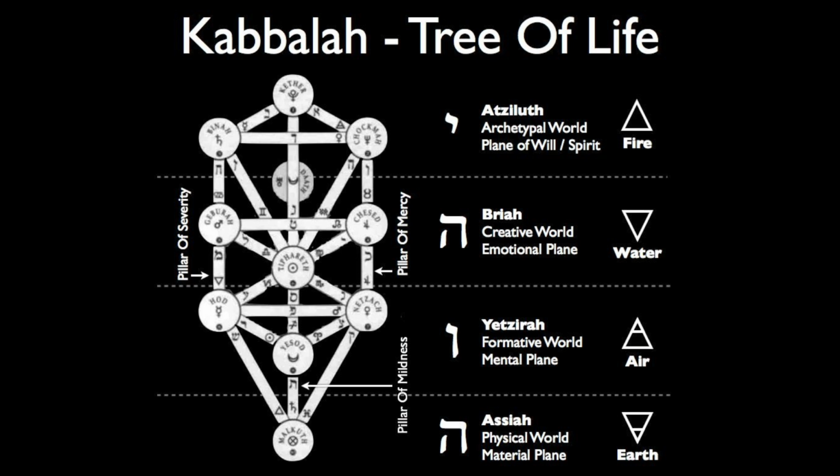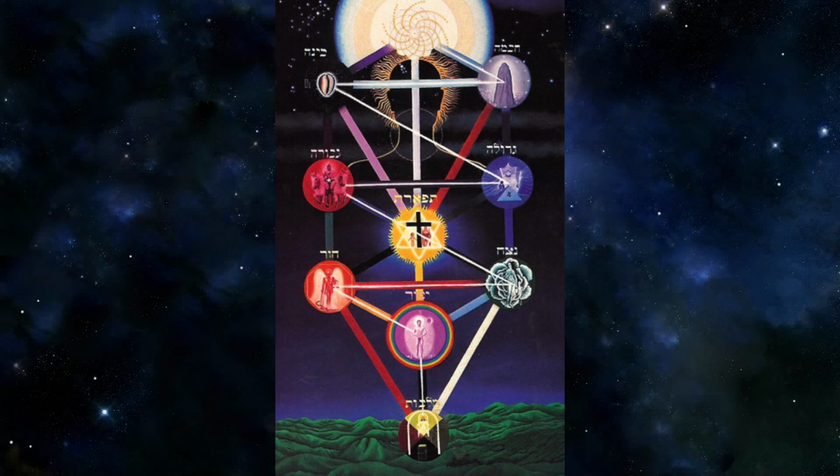These are the active qualities, or the masculine qualities, the yang energy qualities of the individual. The pillar of mildness or will in the middle is the synthesis between the two, or they are unitary qualities of the individual that lean neither toward the active or passive, the masculine or feminine.